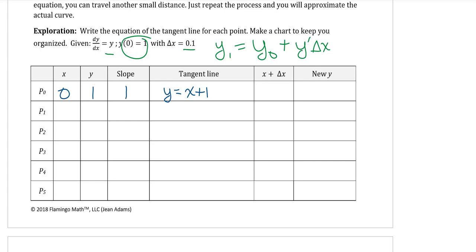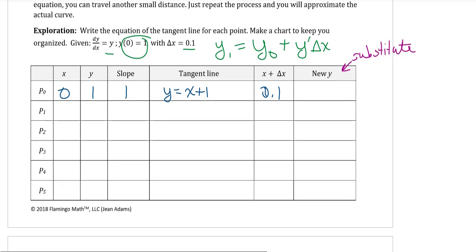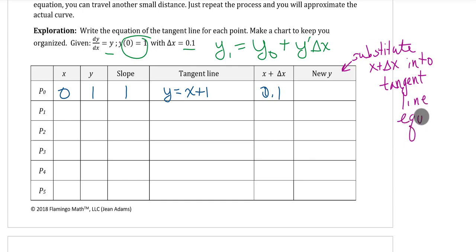Then when we add our delta x to our initial x value, we're at 0.1. Our new y is going to be, we substitute into the tangent line equation, 0.1 plus 1, so we get 1.1.